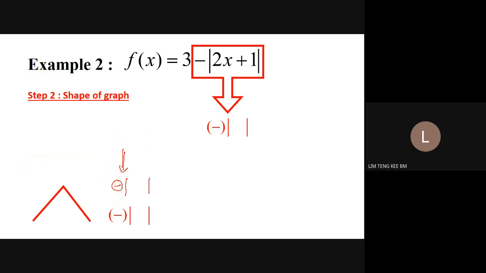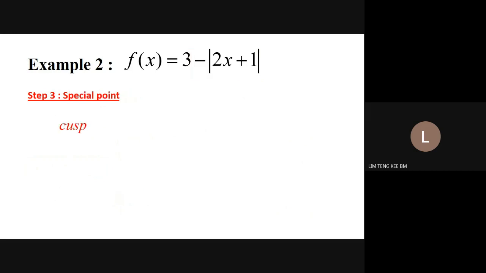And therefore, with that, we go on with determining the special point in step 3. The special point here refers to the curves. The curves will refer to this sharp point here. So what is the coordinate of this sharp point? Again, this happens to be the shape that I obtained from step 2.